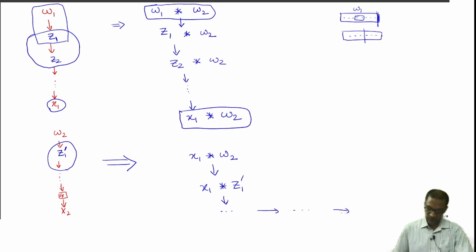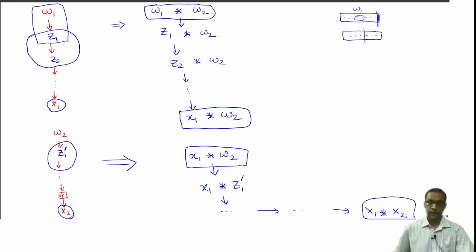I keep doing this till I reach the very last step, and the last step is x2 but concatenated on the left by x1. So what this means is if I start at x1 star W2, by applying left concatenation to the second chain, I can reach x1 star x2. Now I just put these together.